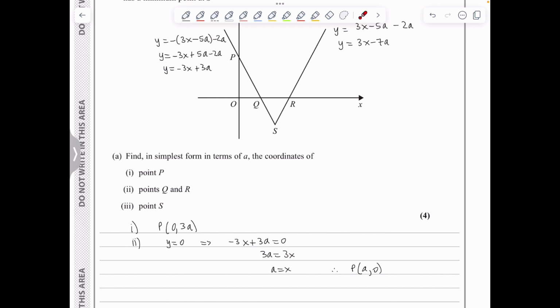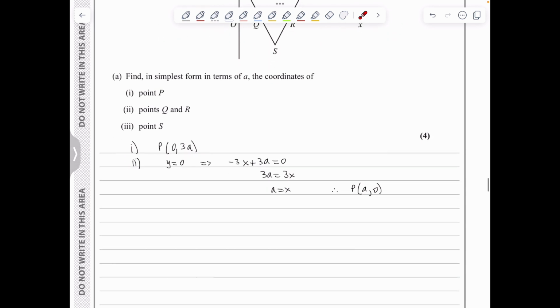Now for the point R, this is the cut on the x-axis for the line y is 3x minus 7a. So for R, I will simply say that y is 0 again, which simply means that 3x minus 7a is equal to 0, leading to 3x is 7a, so x is 7a over 3, which means that point R has coordinates 7a over 3, 0.